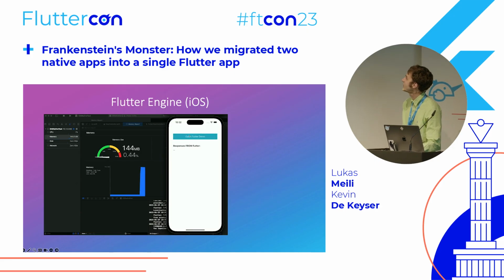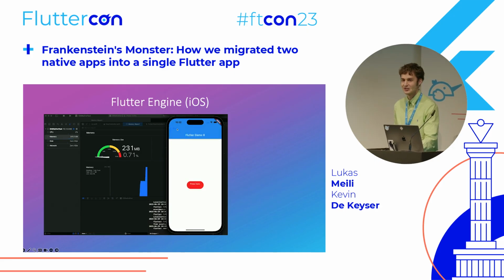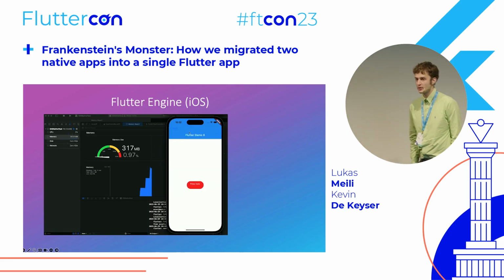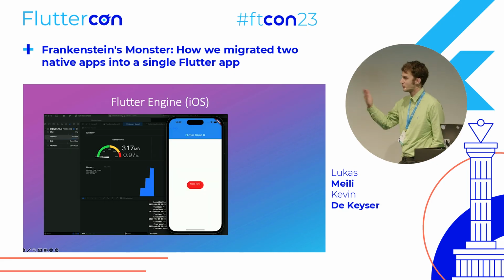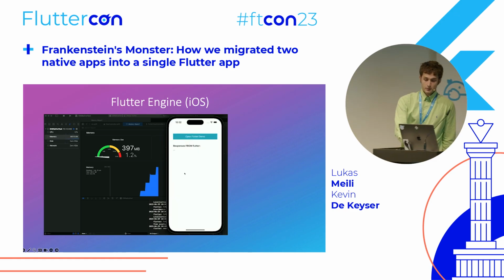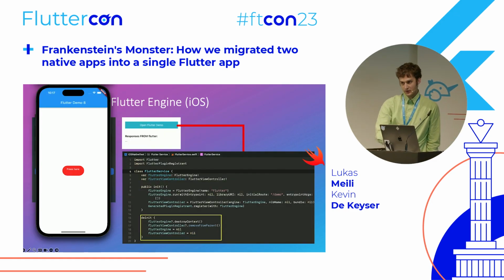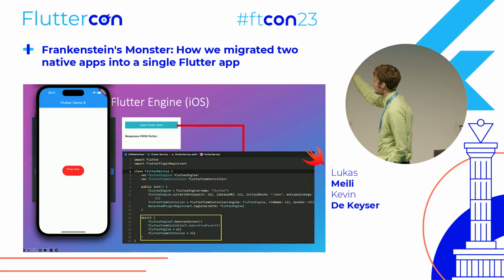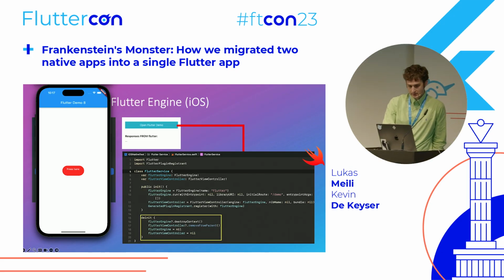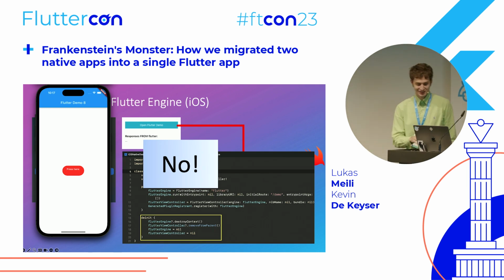Now you go back, click on it again, start another engine, and so on. So you get a memory leak. So if you ever implement this, obviously you don't want to get the memory leak. You don't want to start the Flutter engine over and over again. So what you would do normally is you would just deinitialize the engine, right? Just set it to null. But unfortunately, no. That's not how you should do it.